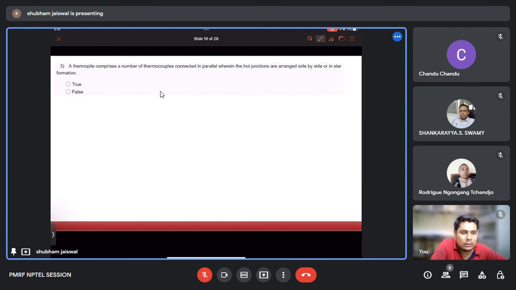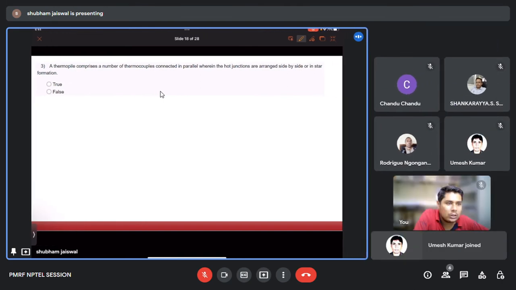Any other option? Mr. Roderick, Mr. Chandu? Okay. Mr. Umesh, what do you think? A thermopile comprises a number of thermocouples connected in parallel, wherein the hot junctions are arranged side by side or in a star formation.